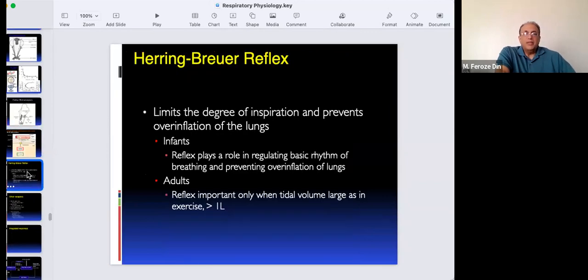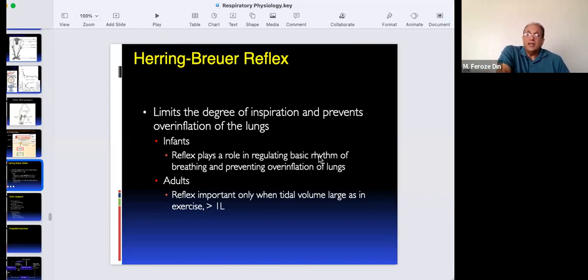So we were mentioning other reflexes. So remember where we are. We are looking at the various sensors that affect the control of the basic pattern of respiration. We have looked at the receptors, which are divided into peripheral and central, and we are just going into some more detail about various reflexes. This Herring-Breuer reflex is the reflex which is basically the stretch reflex of the lungs, and it limits the degree of inspiration.